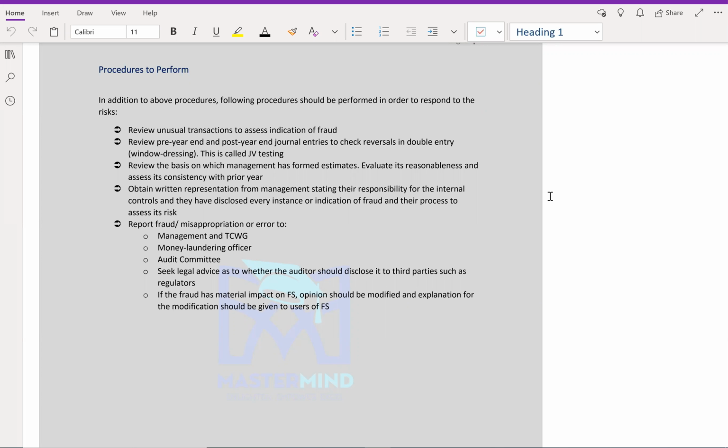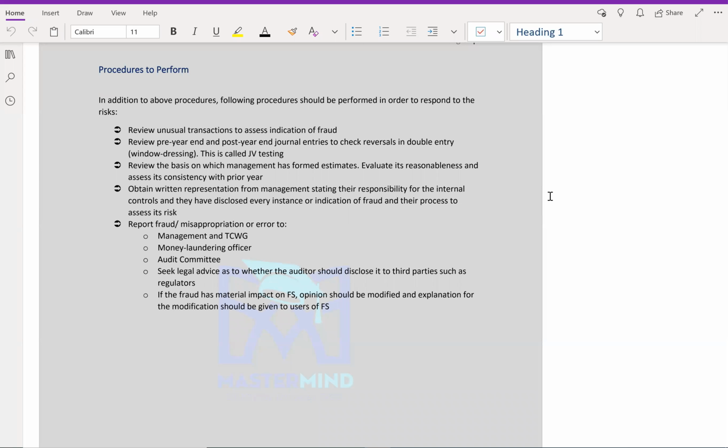Report fraud or misappropriation or error to management and those charged with governance, money laundering officer, audit committee. Seek legal advice. You yourself will seek legal advice, right? An independent legal advice as to whether the auditor should disclose it to third parties such as regulators. If the fraud has material impact on FS, opinion should be modified and explanation for the modification should be given to users of financial statements.